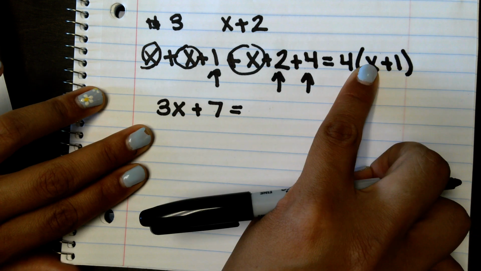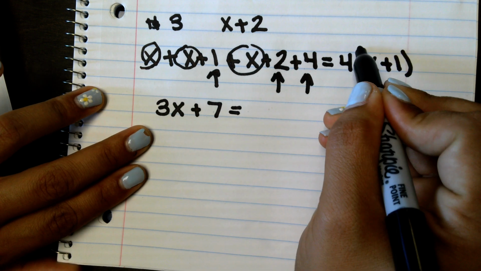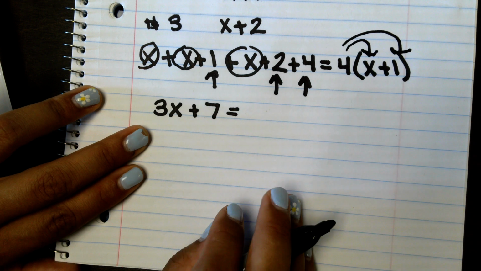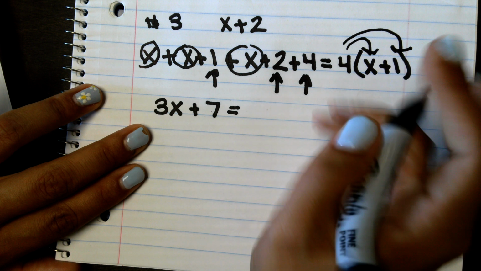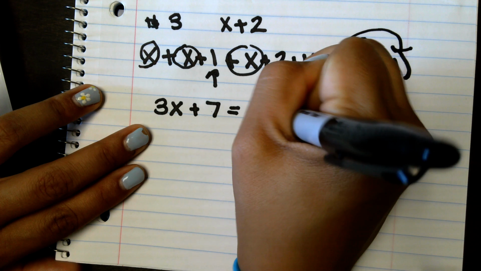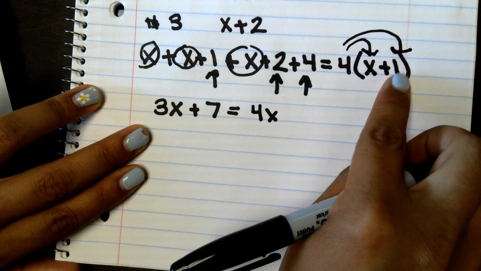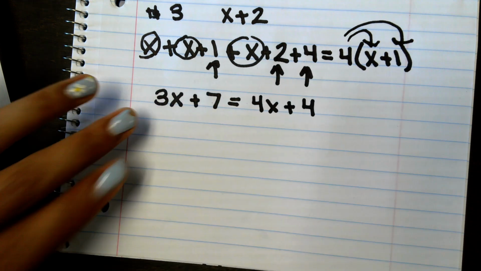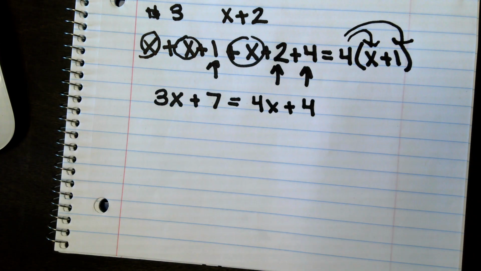Okay, what can we do over here? Well, we can use the distributive property. So multiply 4 by each value inside those parentheses. 4 times x is 4x. 4 times 1 is 4. Awesome. So those are now simplified. So we can start to solve our equation.